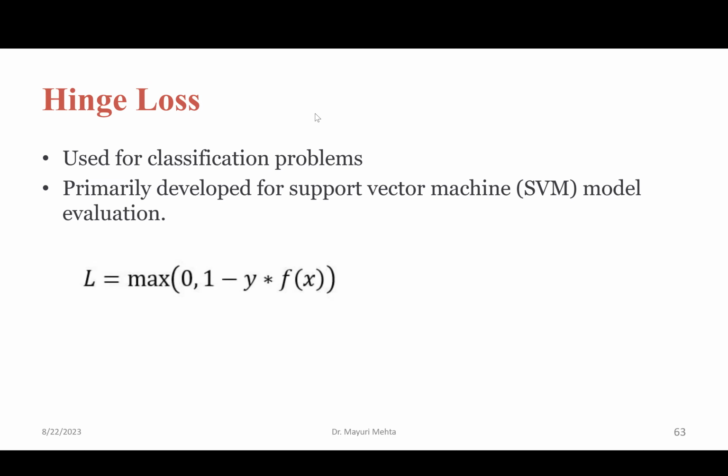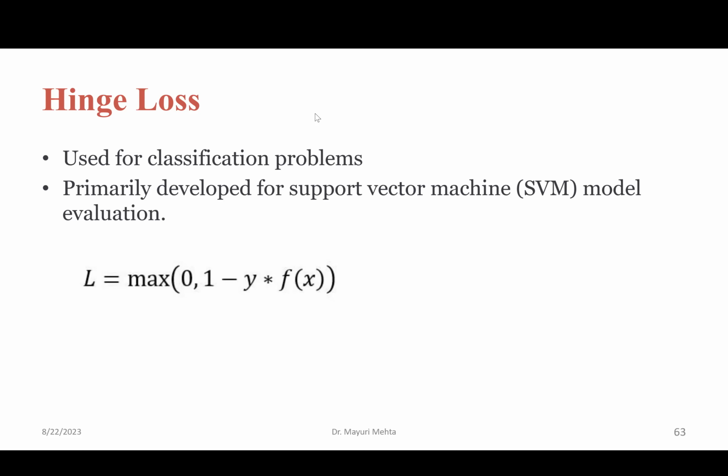Hinge loss is the second most common loss function used for classification problems, and it is an alternative to the cross entropy loss function. It was primarily developed for support vector machine model evaluation. Support vector machine is one machine learning algorithm for classification problems.